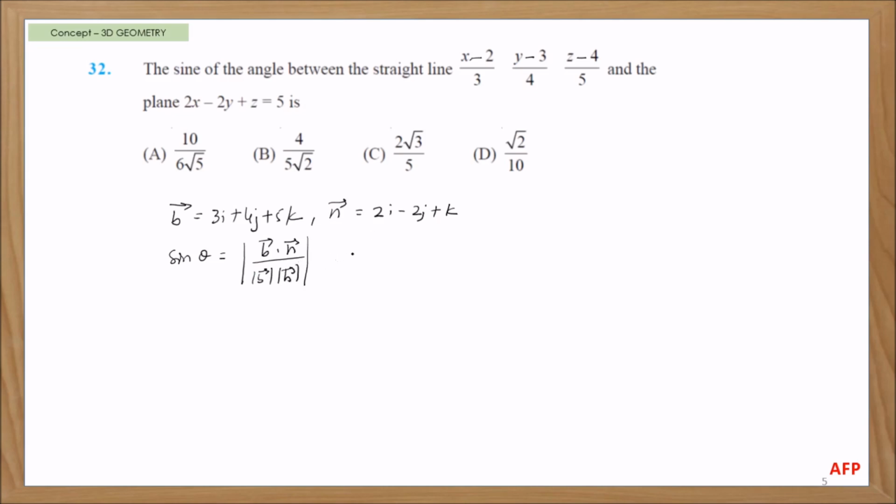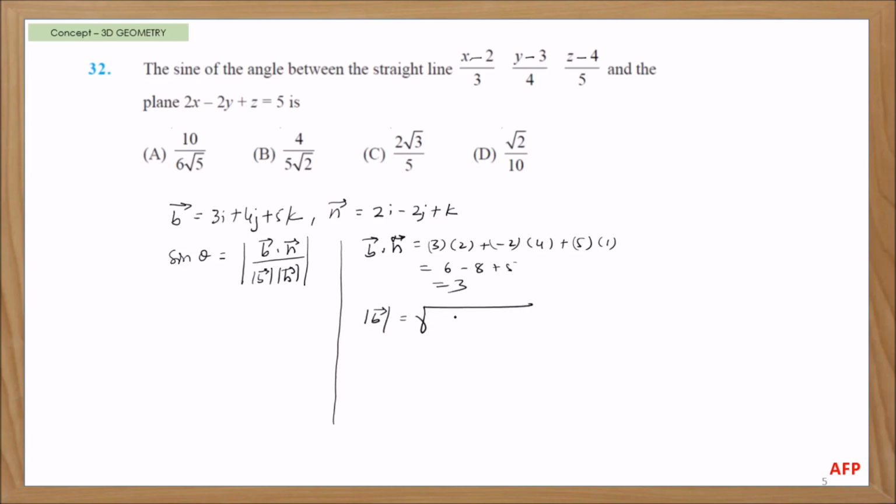First we will find b dot n. Vector b dot vector n is equal to 3 into 2, minus 2 into 4, plus 5 into 1. So 6 minus 8 plus 5, which is 3. Next, the magnitude of b vector is the square root of 3 square plus 4 square plus 5 square.